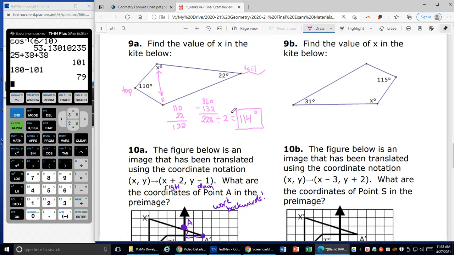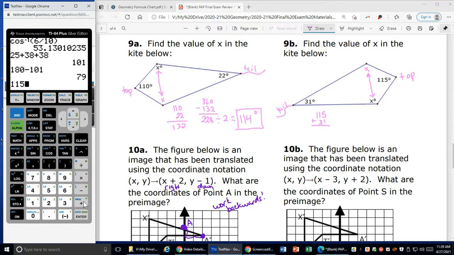Okay, for 9B, again, it's just like the last one, the one next to it where I can see I marked that I have a top and I marked that I have a tail. And I said my side angles are the same. So if one is X, the other is also X. They're the same. And then let's see, what did I do? I added together the 110 and the 22, so my top and my tail angle. 115 plus 31 gives me 146.